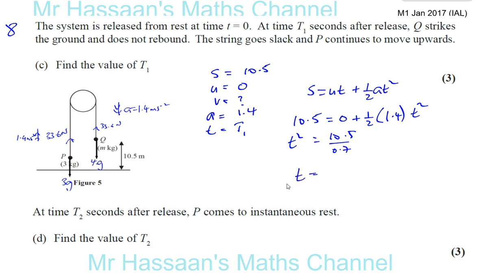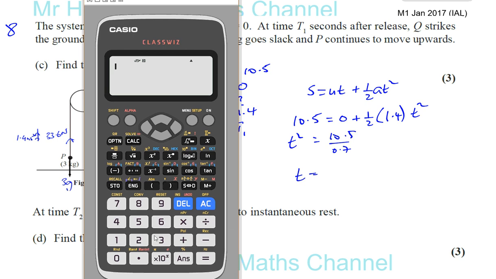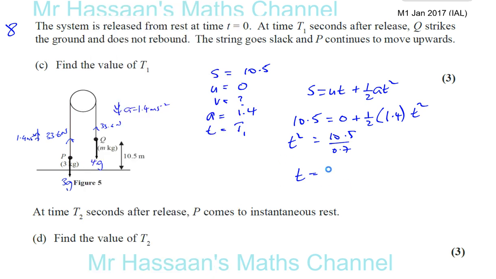Let's work that out: 10.5 divided by 0.7, and so t squared is 15, and t is the square root of 15, which gives us 3.87 seconds. That's T1.